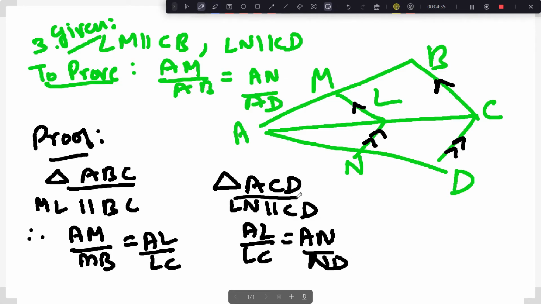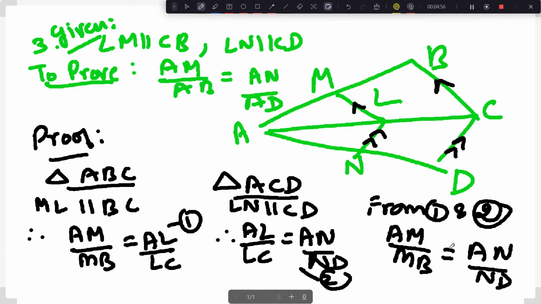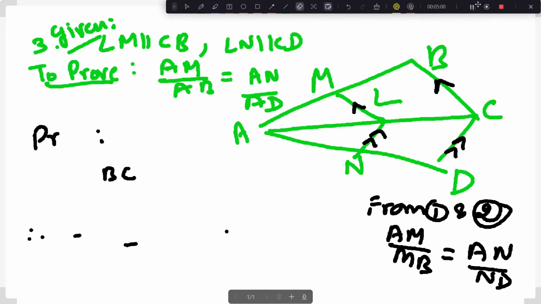This is the other triangle, right? So from this point and this point, we can conclude that AN by NB is equal to AN by ND, right? Okay. So now we have these two equations.